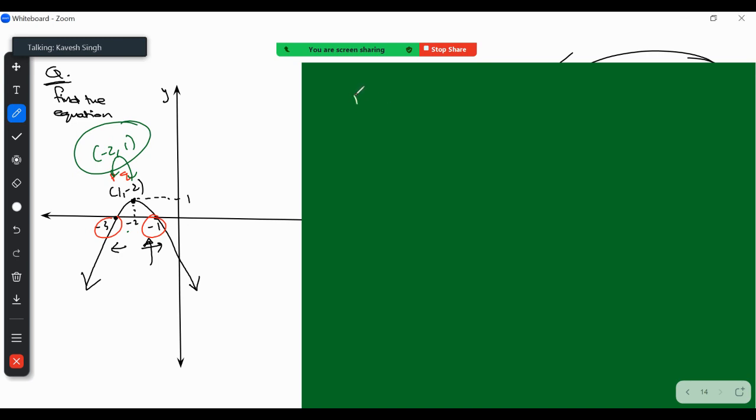So my turning point is actually (-2, 1). And so y will equal a(x + 2) squared + 1. And now I can substitute (-3, 0).